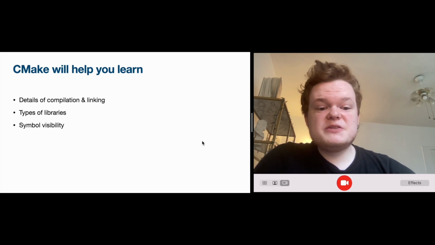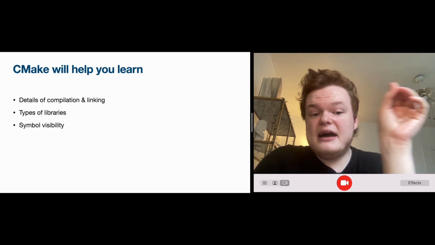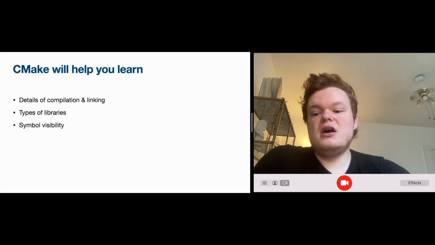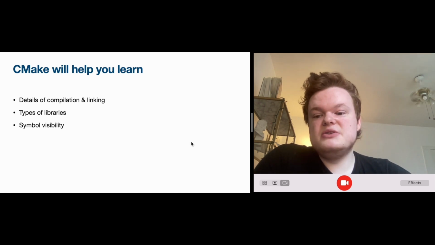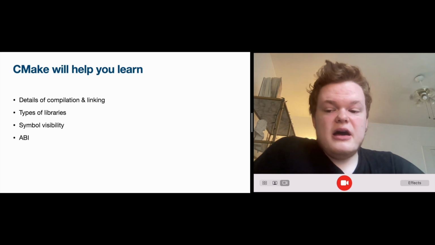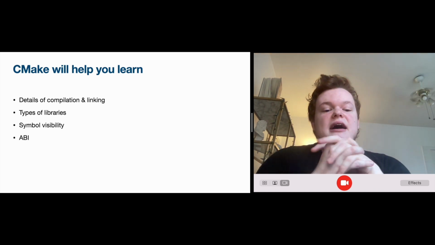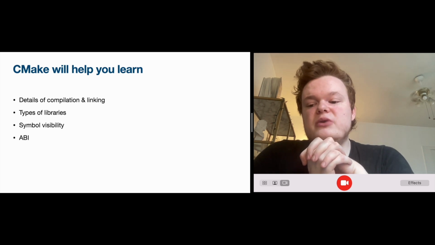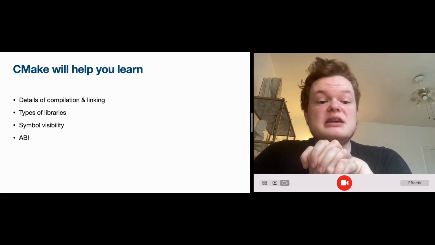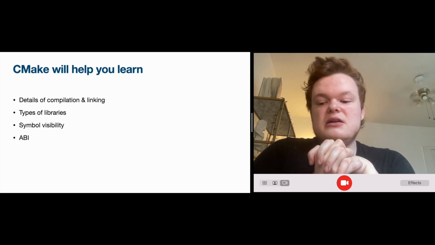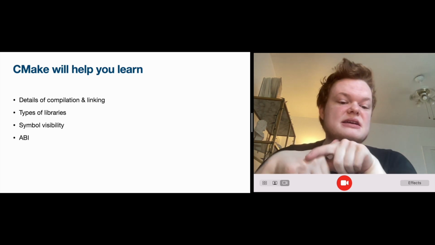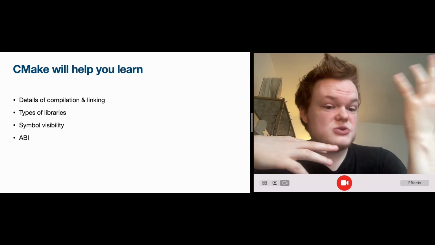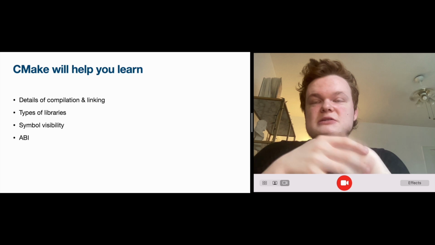So in the JUCE source code, there's a macro JUCE_API in front of every class name. What does that do? Why is that there? This is a question that using CMake will help you learn, which goes hand in hand with ABI, Application Binary Interface, which has to do with how libraries that you link to actually interface, like how their types are laid out, things like that, so that you can communicate properly across the boundaries of libraries and executables and so forth.